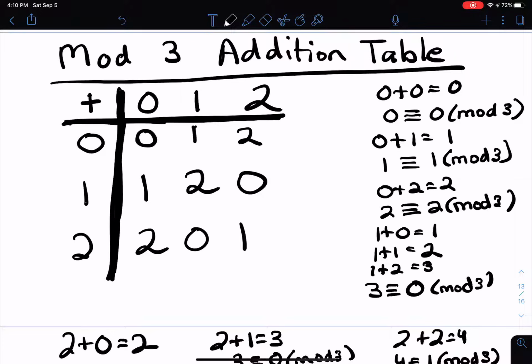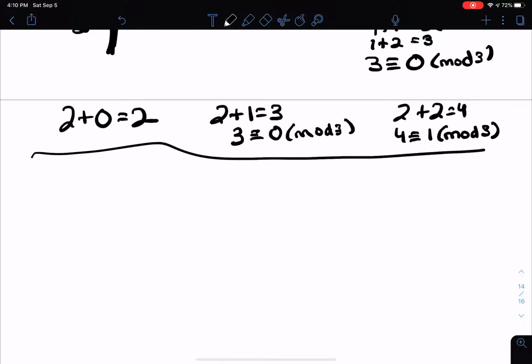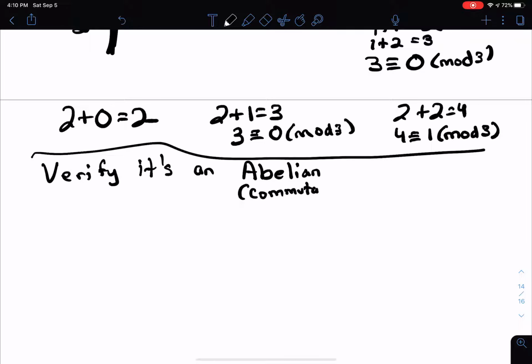Let's verify that this is a group, an abelian or commutative group. Okay, so first we have to deal with closure.